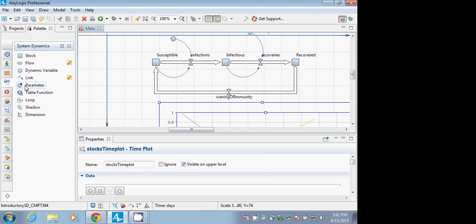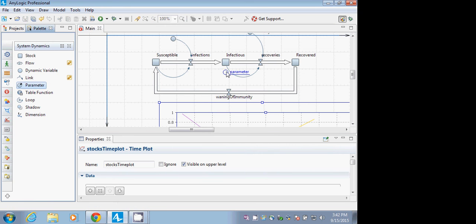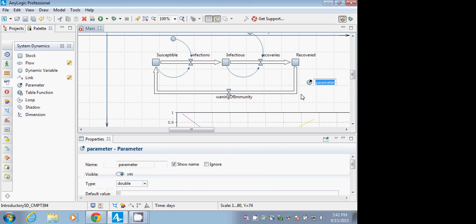What would I do? I want to describe that with a parameter. That parameter will encode my assumption. It will encode the particular value I'm going to use for that, 270 days. So I'll drag that in, and I will call it mean days until immunity wanes.